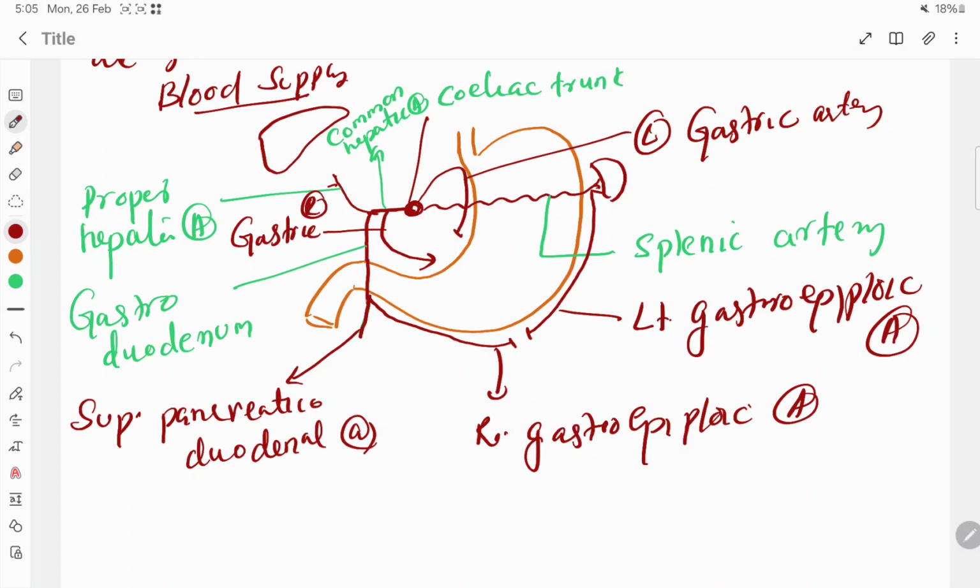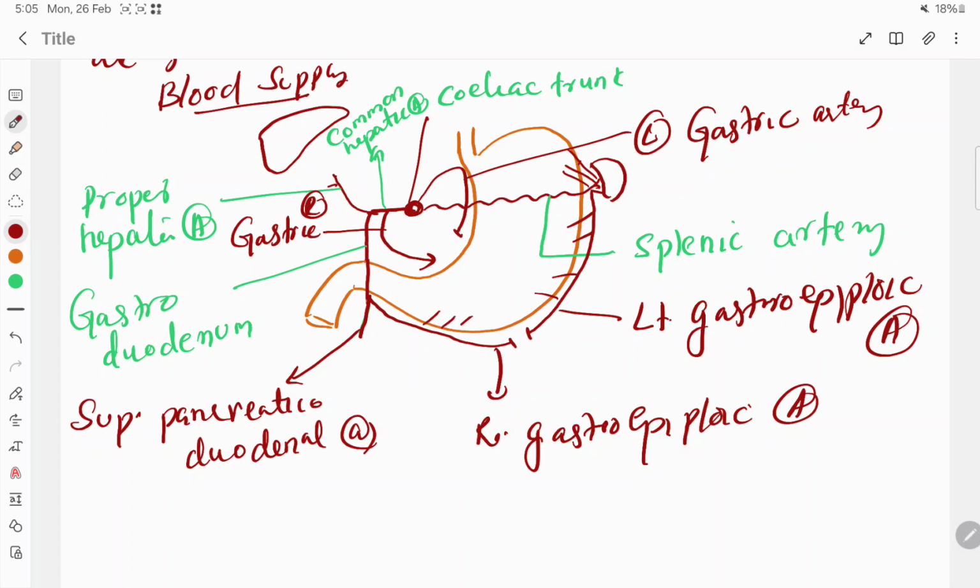The last terminal part of the splenic artery gives short gastric branches. These are the short gastric arteries. So these are the blood vessels supplying the stomach.